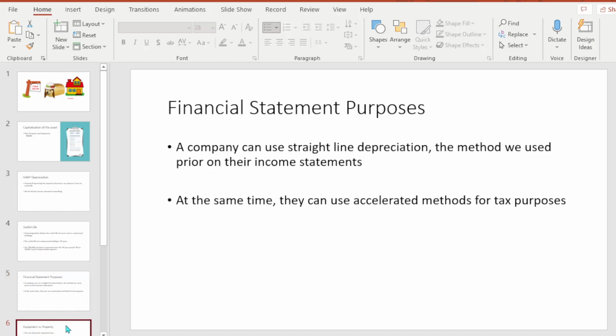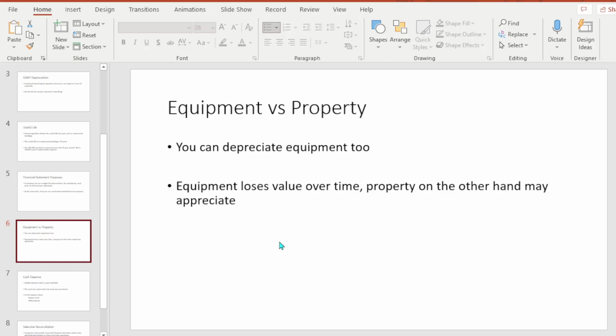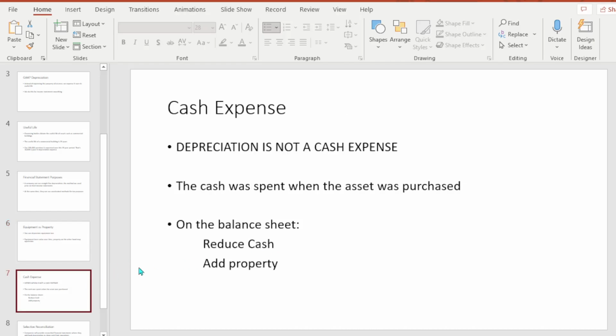So let's talk about equipment versus property. So you can also depreciate equipment too, but equipment actually loses value over time. Property, on the other hand, may actually appreciate over time. So this kind of leads to a dilemma. So many companies, they will do a reconciliation because, like I said, with depreciation, all the cash comes out when you purchase the initial asset.